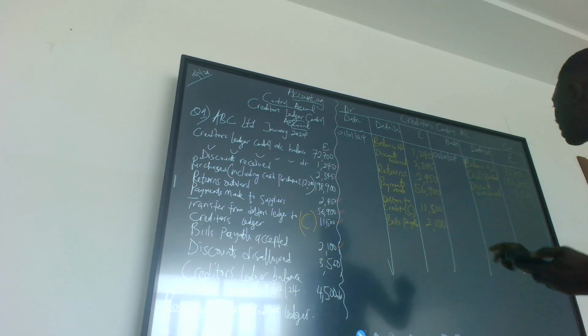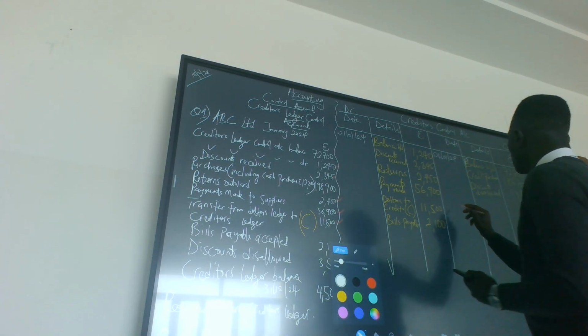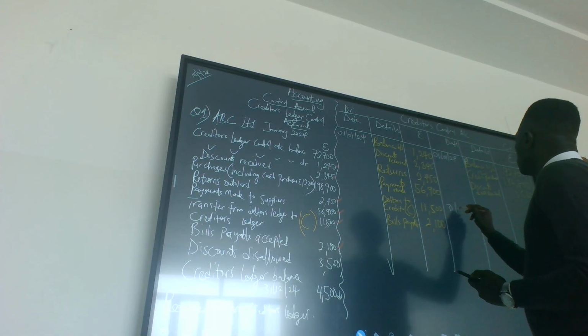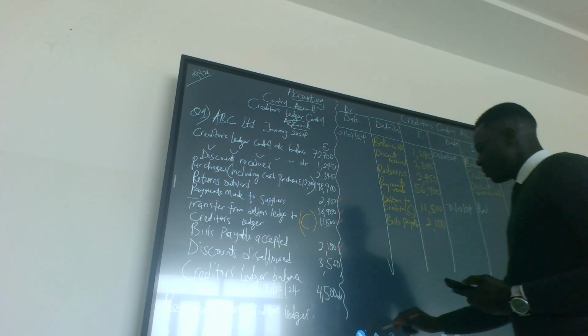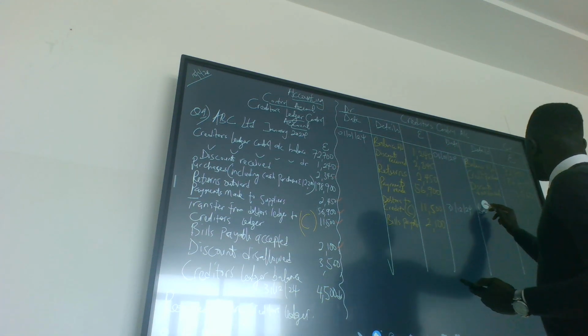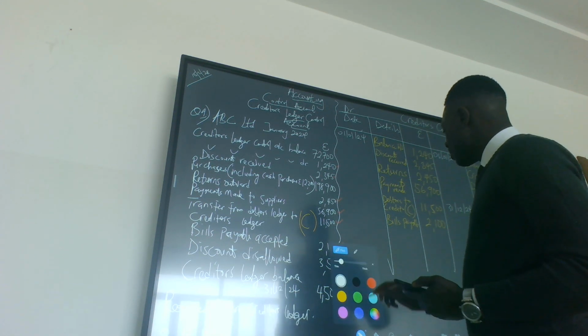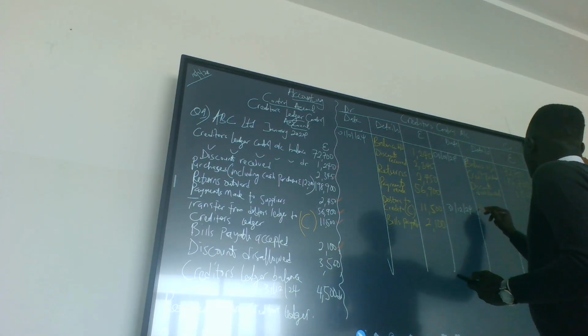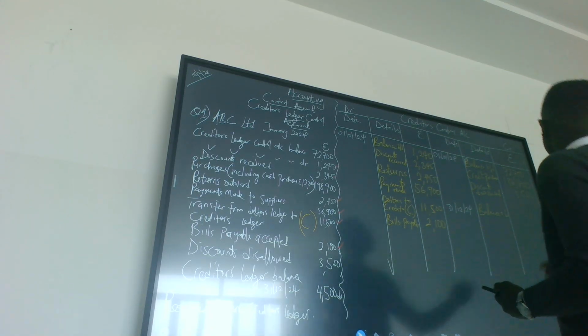So that's going to be on the credit here. For 31/12/24, we have balance carried down, 4,500.